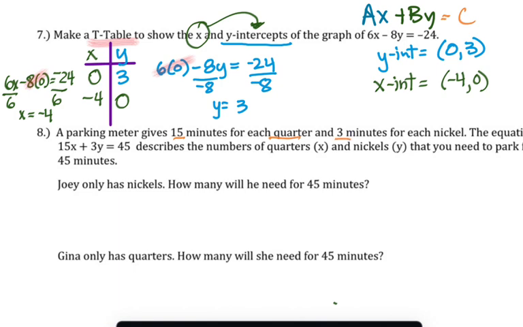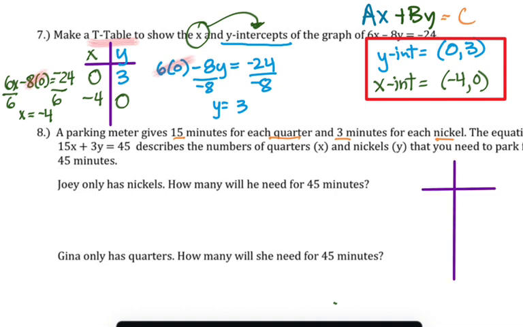And if it's 3 minutes for every nickel and y is represented by the nickels, that's why we have 3y. And it's wondering how many would you need if you parked for 45 minutes, or if the constant were 45.